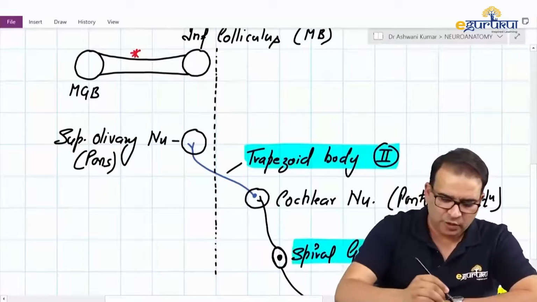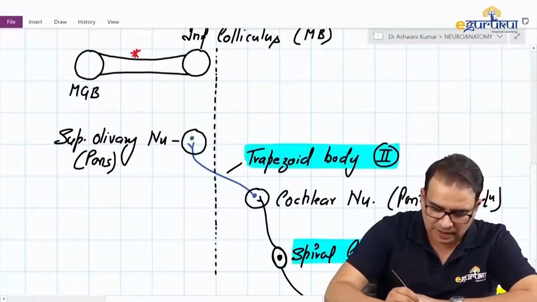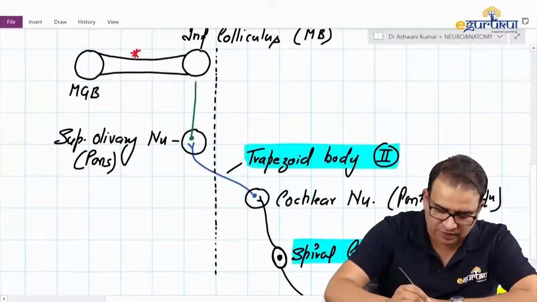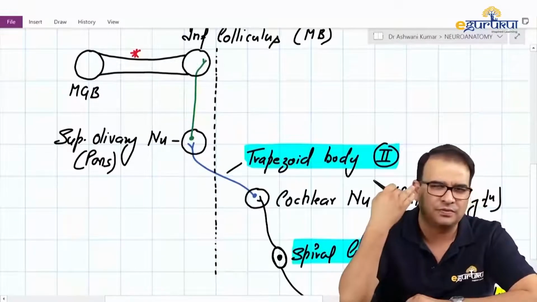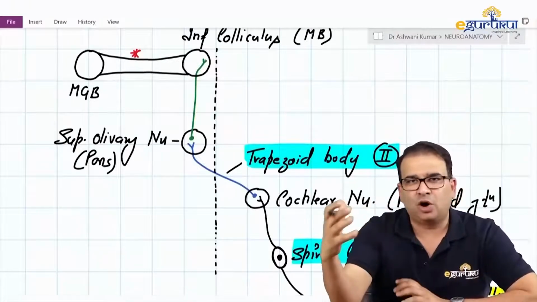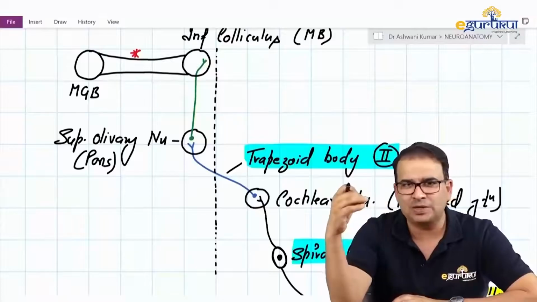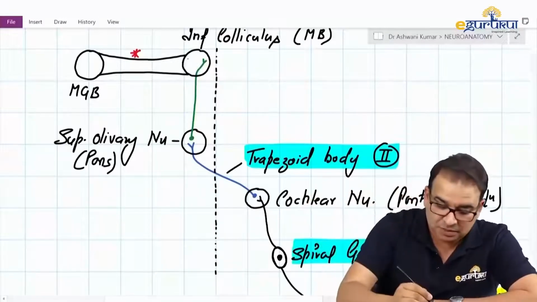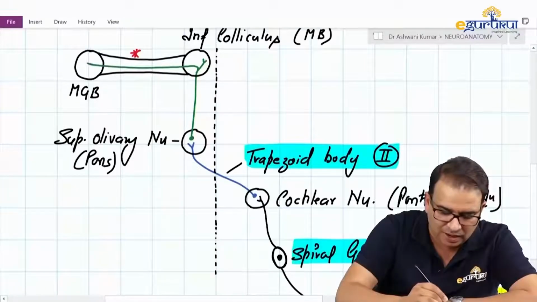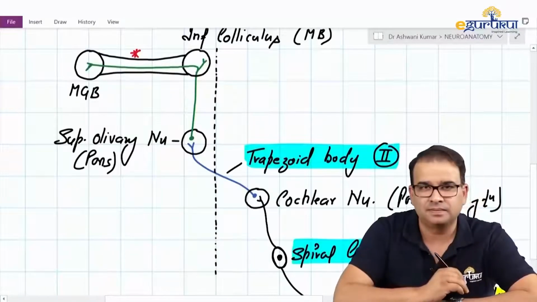From the superior olivary nucleus, guys, the third order neuron will begin, and this third order neuron will ascend upward and reach the inferior colliculus. Yes, it gives a few collaterals to the inferior colliculus because the inferior colliculus has a relation to the auditory reflexes. So a few fibers will relate to the inferior colliculus, but the majority of the fibers will continue their journey through the inferior brachium and end in the medial geniculate body.